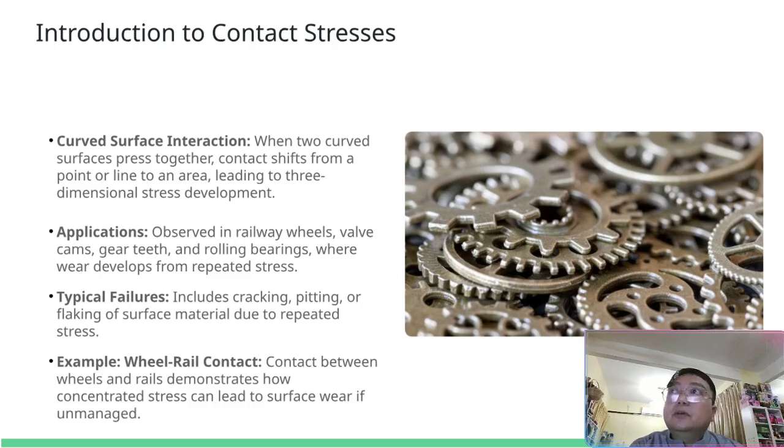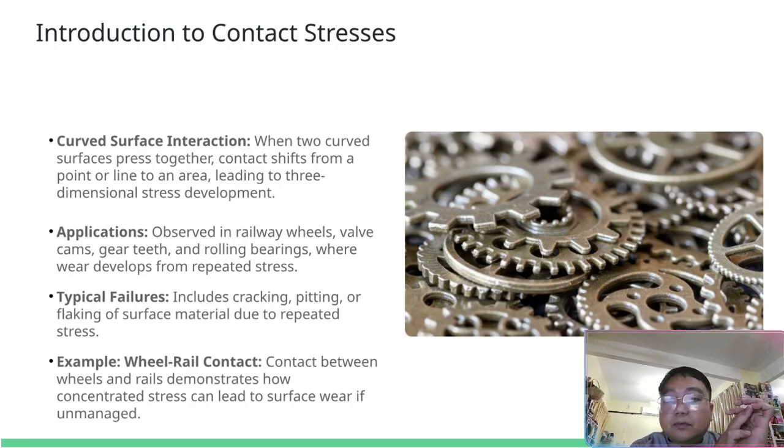In this chapter we're going to discuss contact stress in curved surfaces. Curved surface interaction: when two curved surfaces press together, contact shifts from a point or line to an area, leading to three-dimensional stress development. Applications are observed in railway wheels, cams, gear teeth, and rolling bearings, where failure develops from repeated stress.